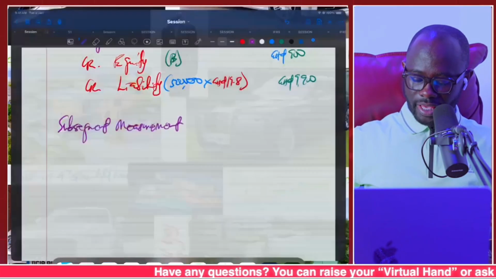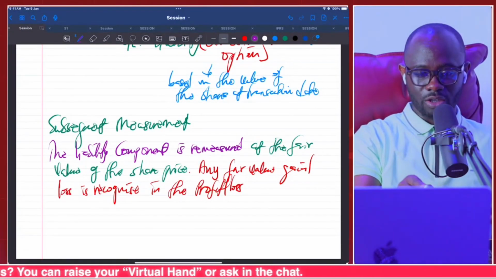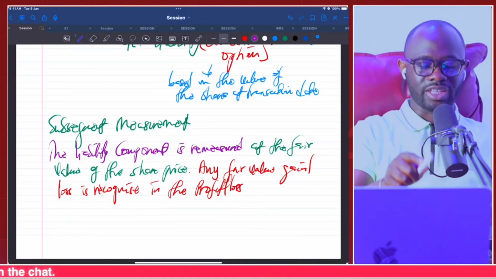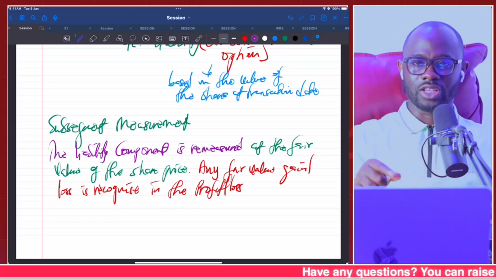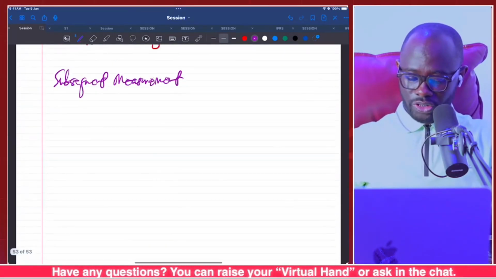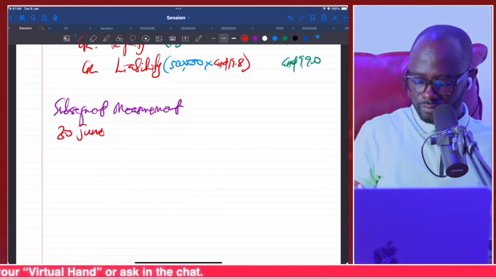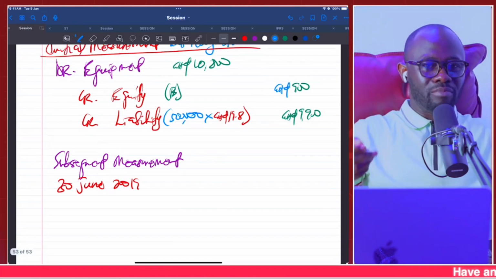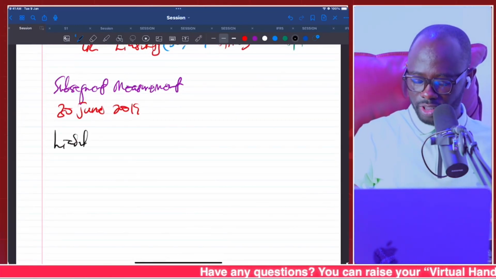What did we say about the liability on subsequent measurement? We said the liability component is remeasured at the fair value of the share price, so that any fair value gain or loss is recognized where? In the P&L. So on subsequent measurement, which is 30th June 2019, what will be the liability now we owe the person?